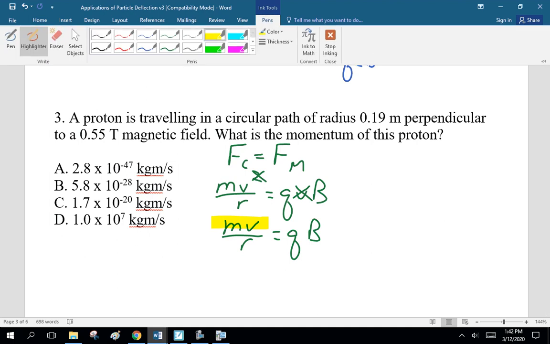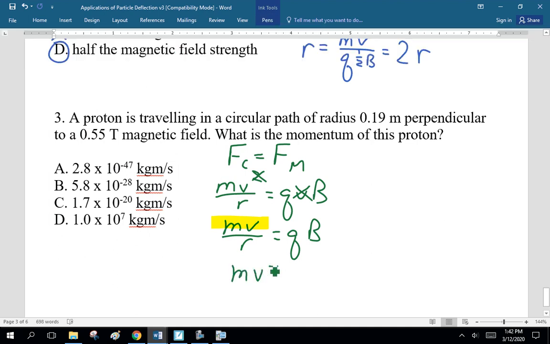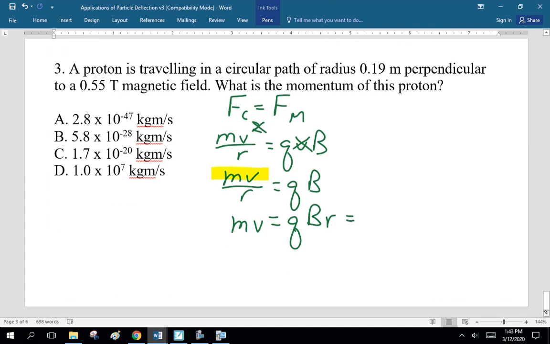Can we isolate it? Yes. mv equals qBr. What's a proton? Do we know the magnetic field? Yes. Do we know the radius? So I don't have to give you the velocity to figure out momentum. Almost like I planned it that way.